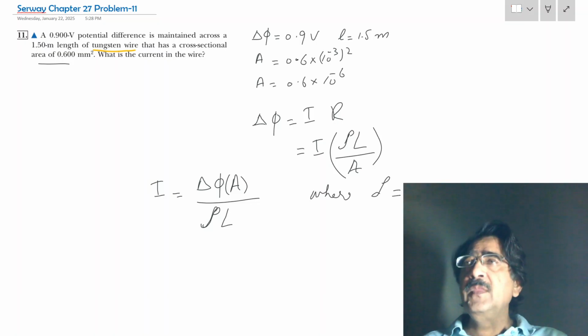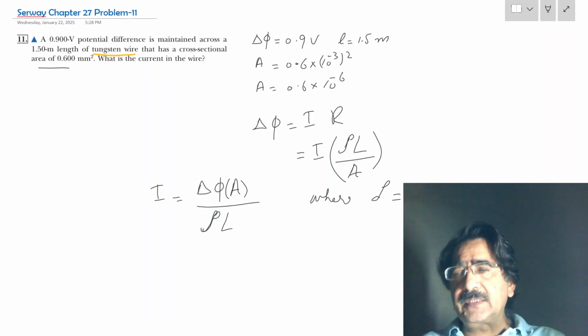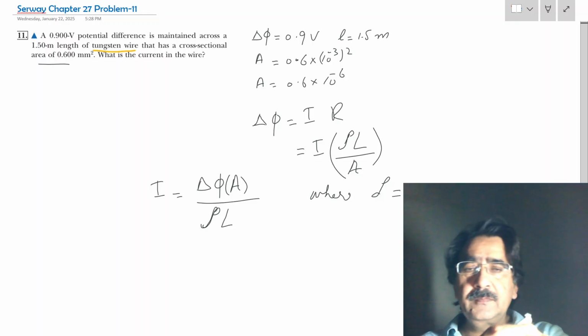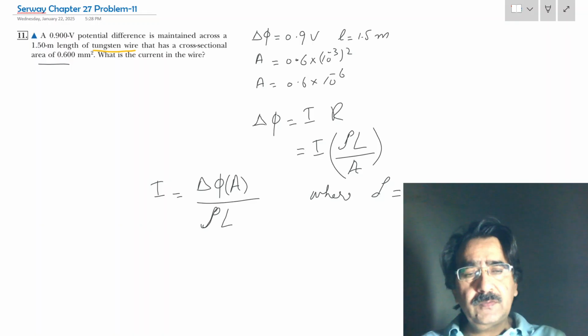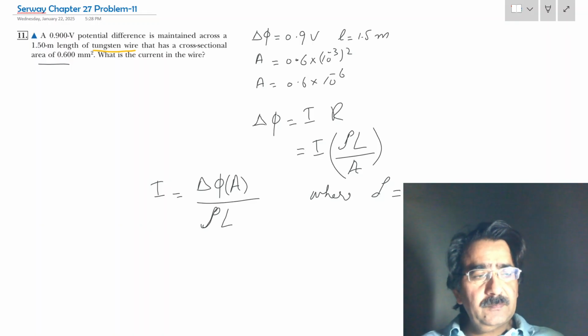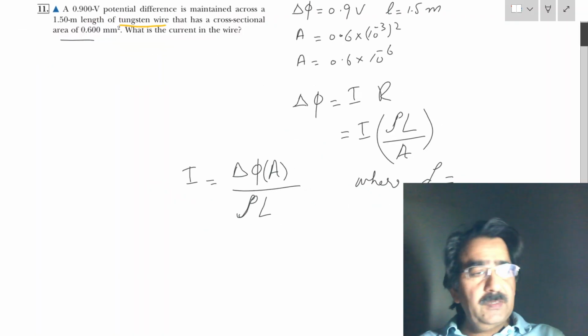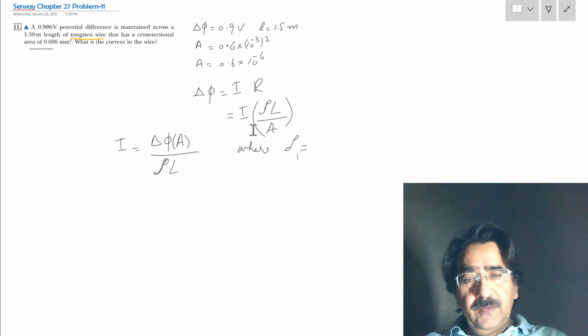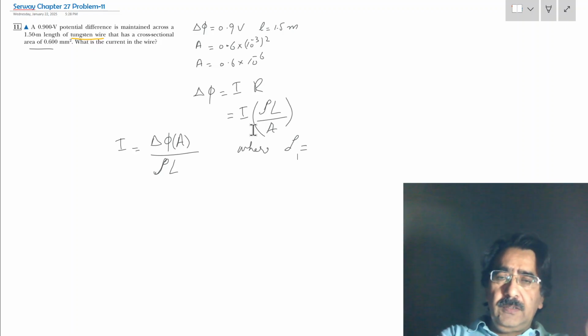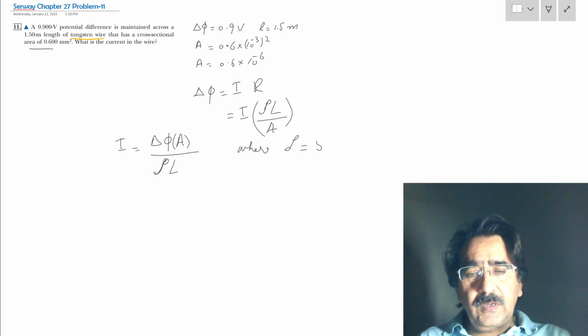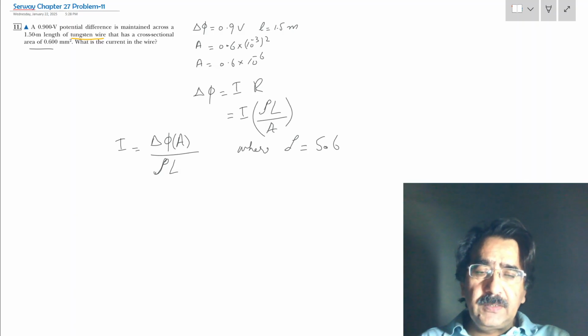Where rho, which is resistivity, for tungsten will be equal to 5.6.